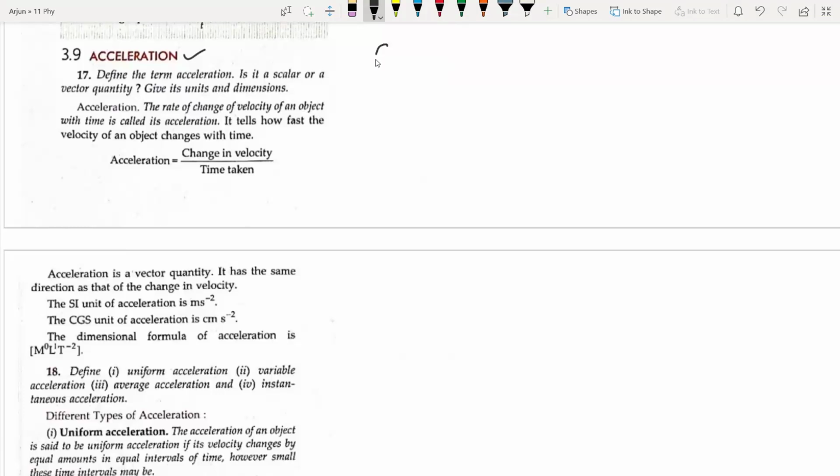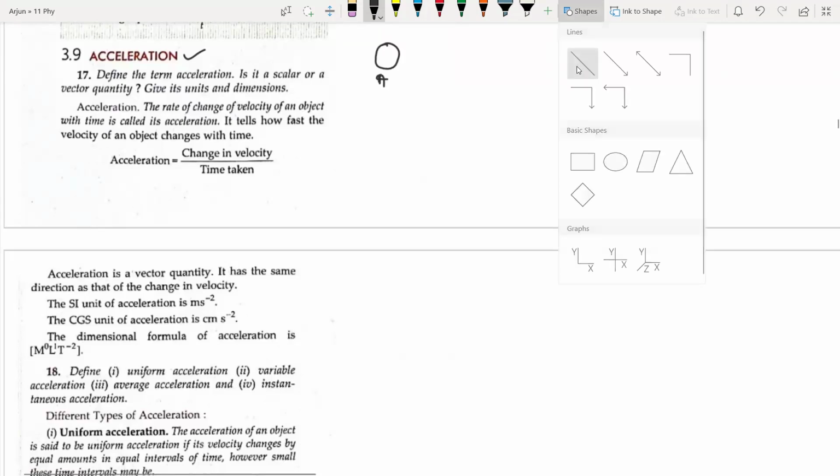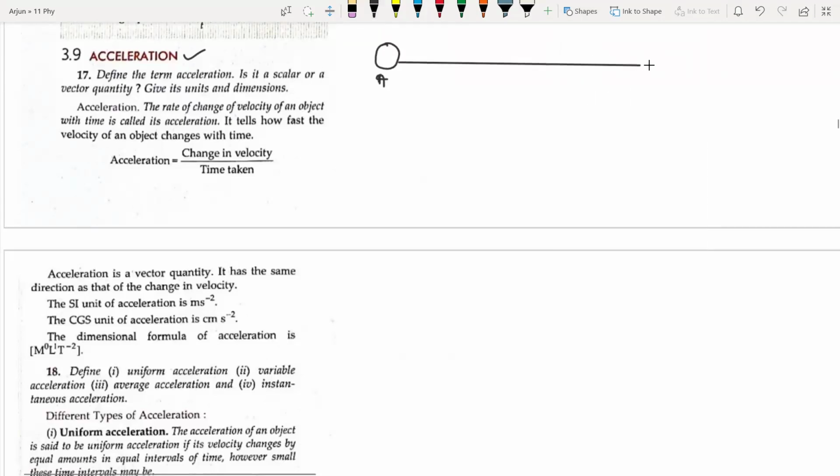Here, consider there is a body which is starting at an initial position, or we can call it the initial point. Let us consider A as the initial point, and that body is moving in a straight line. When a body is moving in a straight line, as we have already discussed in previous lectures, distance is equal to displacement.